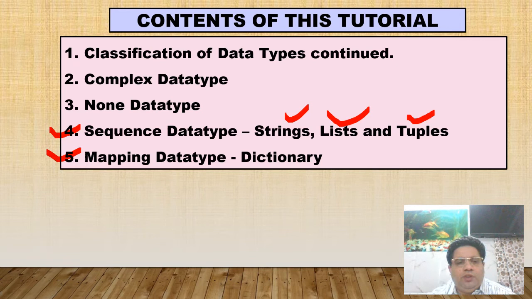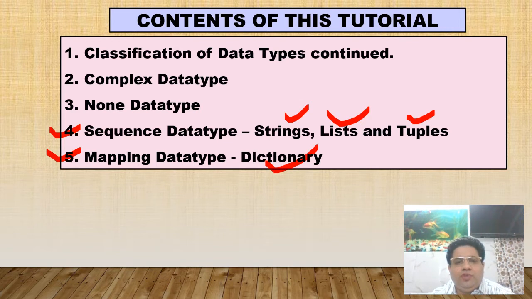Keep this in mind that there are separate chapters of each data type: string, list, tuples and dictionaries. So here I am only giving you the introduction part. Only I am introducing the topics: what is a string, list, tuple and dictionary. The detail you will study in separate tutorials on these topics.